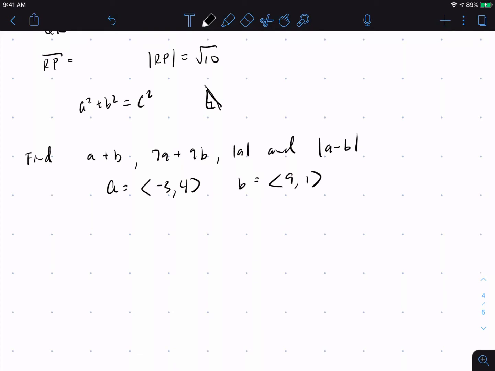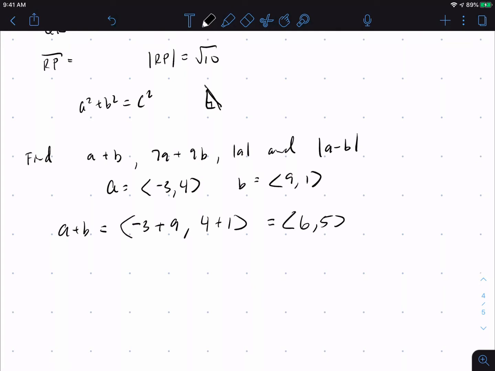Yeah. All right, so I'll do the sum one for you guys. So A plus B would simply be -3 plus 9, and 4 plus 1, which should give me a vector of 6, 5, correct?